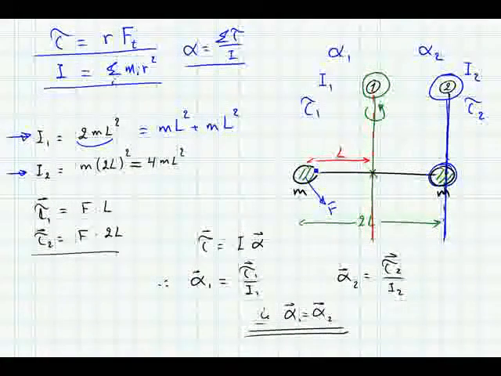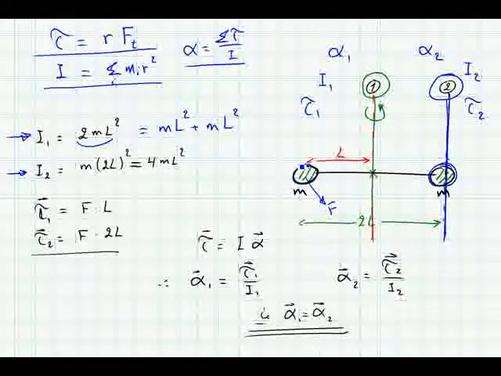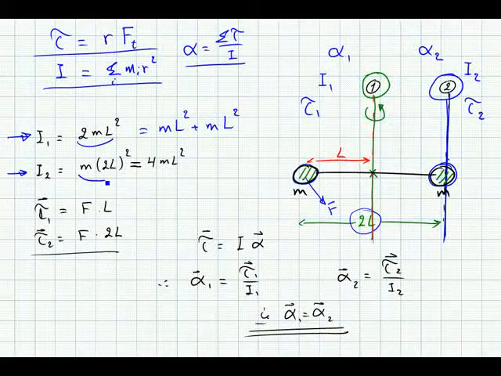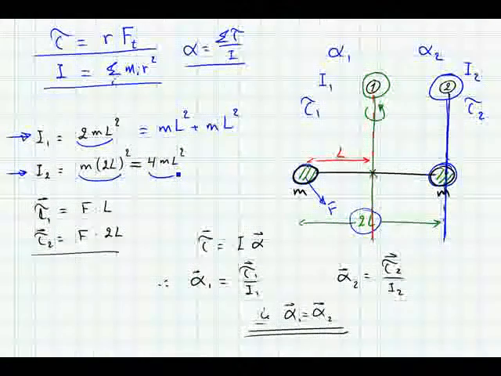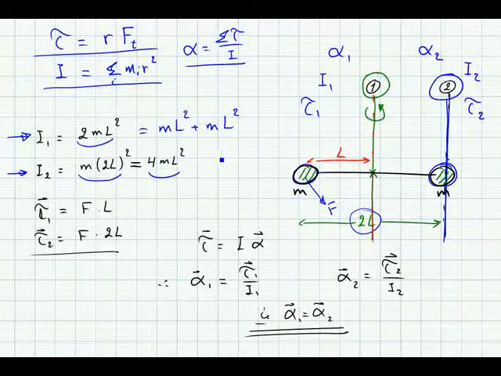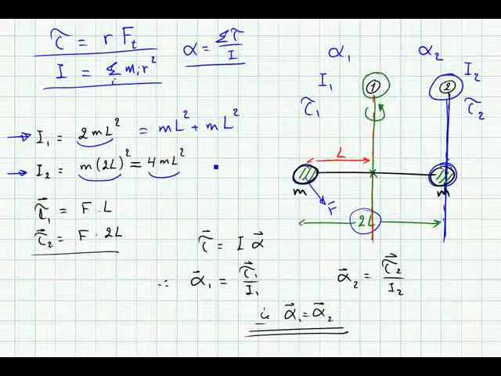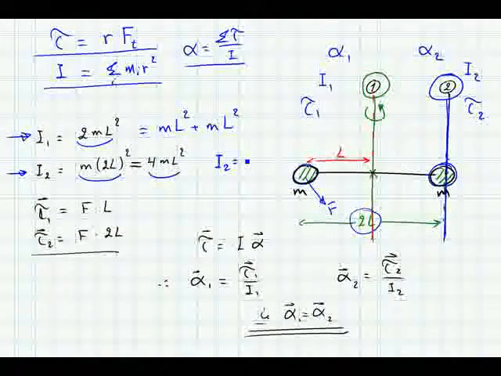So we only have moment of inertia due to the mass on the left hand side, and its moment of arm is 2L. So we have m times 2L squared, which is 4ml squared. So you see that the moment of inertia in scenario 2 is twice as much as in scenario 1. So I2 is equal to 2I1.